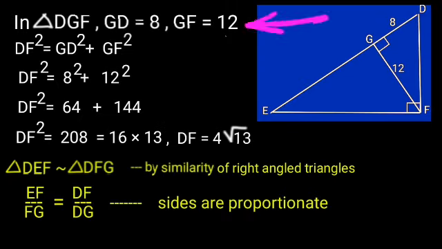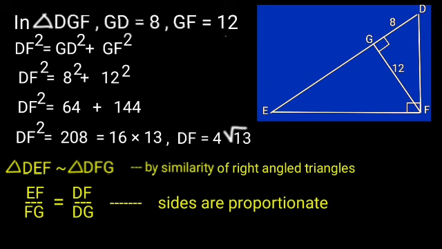In triangle DGF, GD is equal to 8, GF is equal to 12. By Pythagoras theorem, DF square is equal to GD square plus GF square.